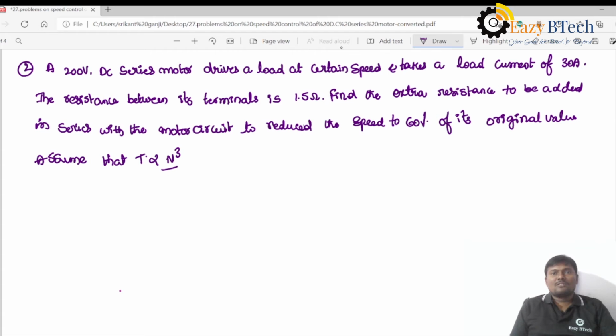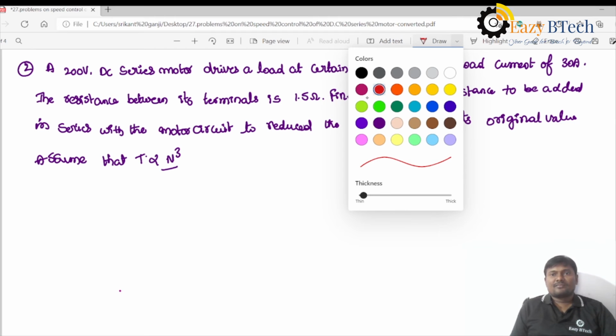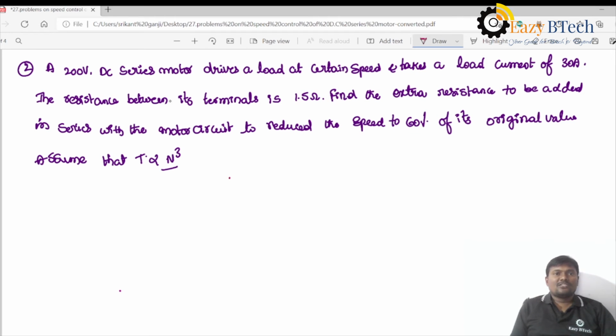A 200 volts DC series motor drives a load at a certain speed. So first of all you should draw the diagram of the DC series motor. So this is the series field winding, okay, and it takes a load current of 30 amperes. So hence the load current is our armature current.